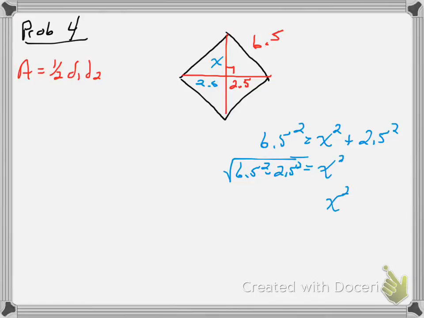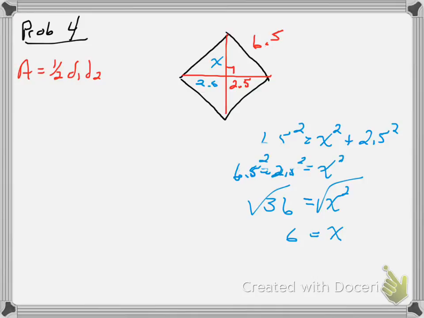I end up with x squared equal to 36. So x equals 6. Sorry, I probably should erase this square root. x squared equals that, minus 2.5 squared. Square root both sides. That's how I got x to be 6.